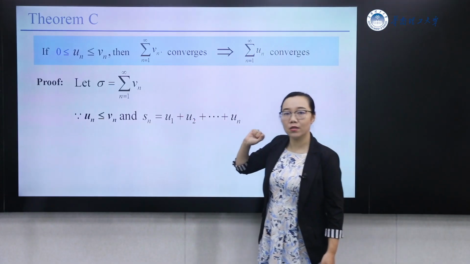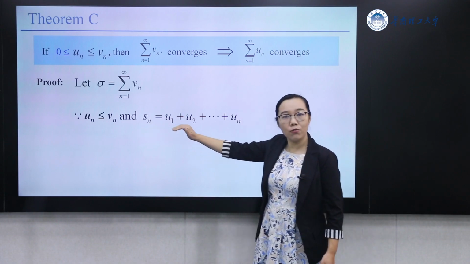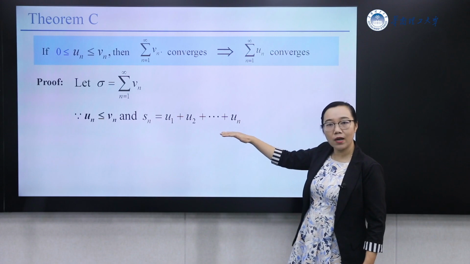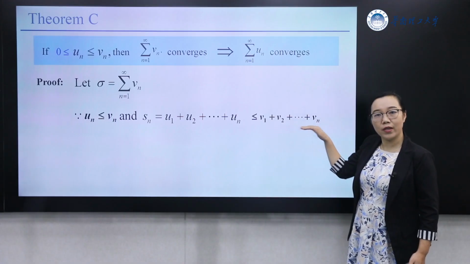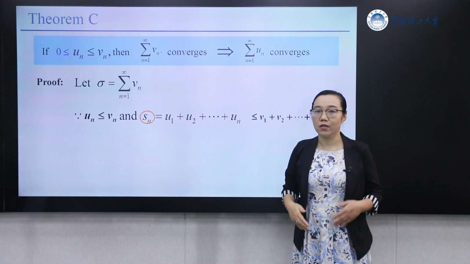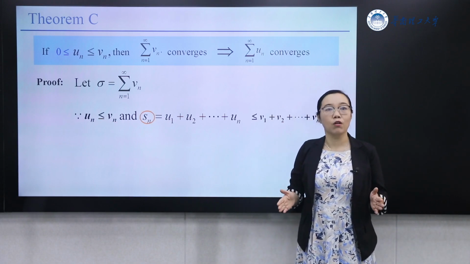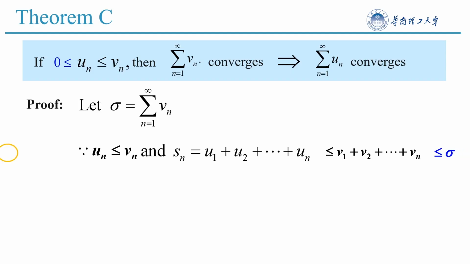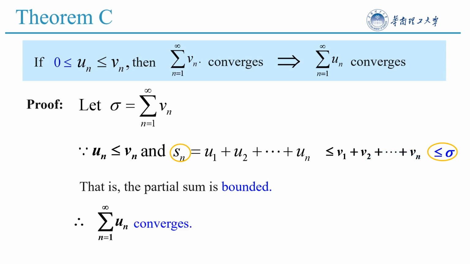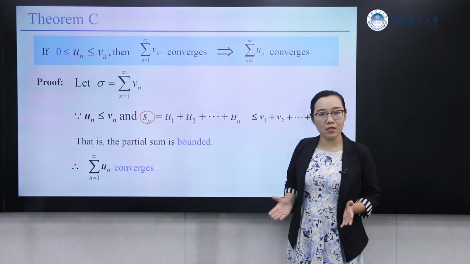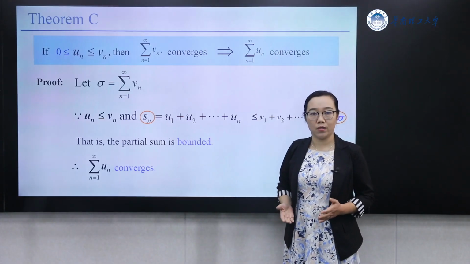Then the partial sum Sn is u1 plus u2 plus ... plus un, which is less than or equal to V1 plus V2 plus ... plus Vn. Pay attention to the given condition: the summation of Vn is convergent, which means this is less than or equal to sigma. That is, the partial sum is bounded. Finally, we have the result that the summation of un converges.